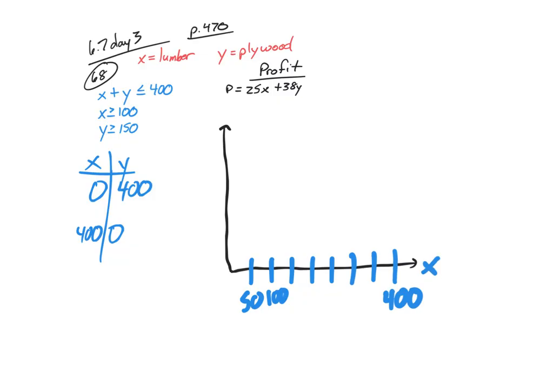That's my x. Same thing on the y-axis. 50, 100. Going by 50s. You don't necessarily have to label the whole thing. You can if you want, but.